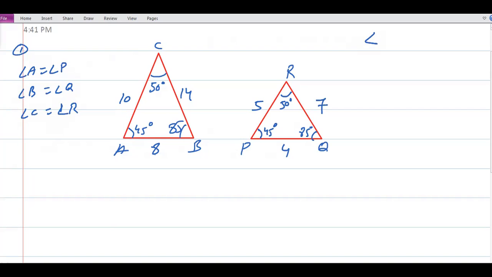Now the second condition is to take the ratio of corresponding sides. AB and PQ are corresponding, so AB over PQ is 8 over 4, which is 2.